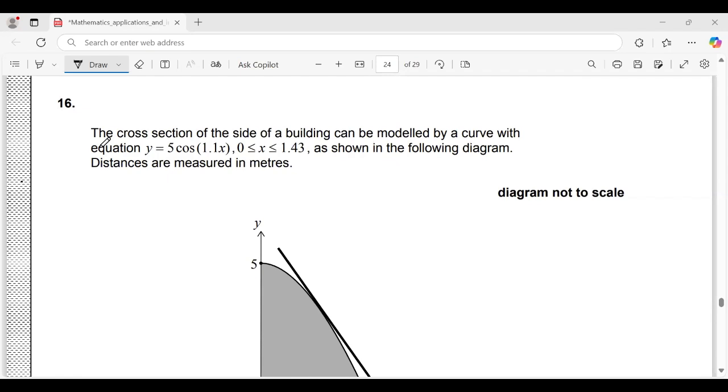Number 16. The cross section of the side of a building can be modeled by a curve with equation y equals 5 cosine 1.1x, with x in the interval 0 to 1.43. As shown in the following diagram, distances are measured in meters.